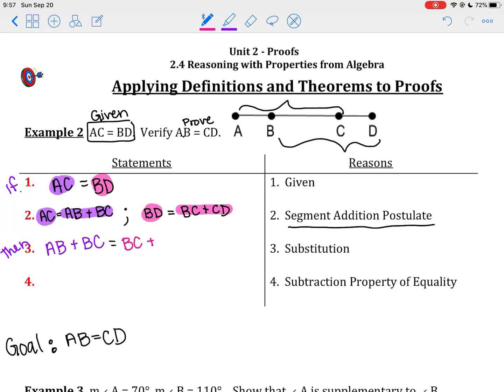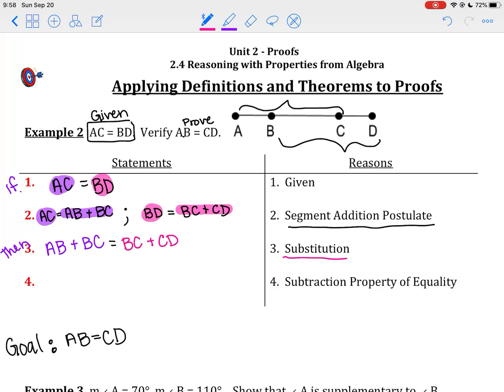So BC plus CD. So now I have substituted in those little parts. So I replaced AC with the sum of its parts, and I replaced BD with the sum of its parts. And I had to list those in my proof in order to be able to use them. So I can only use things that are listed above it.